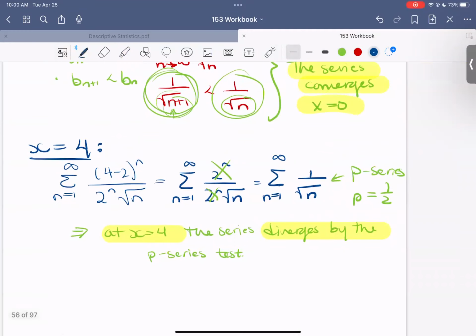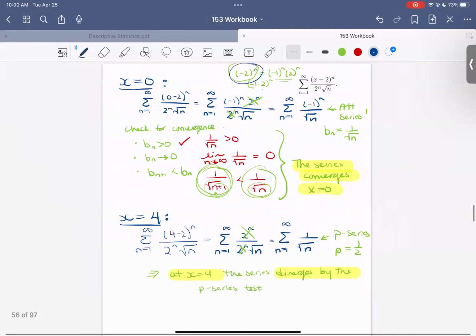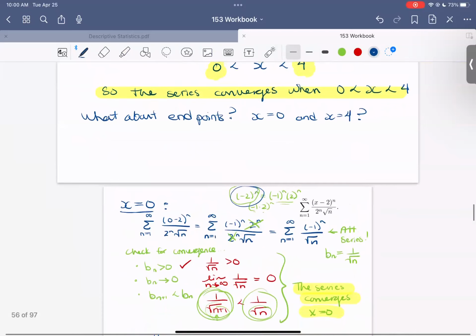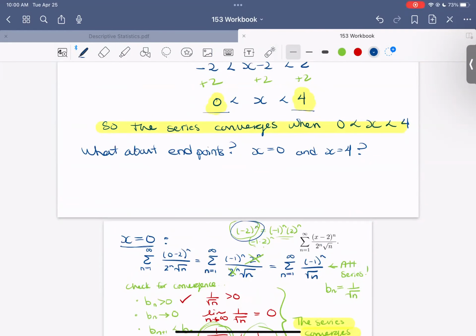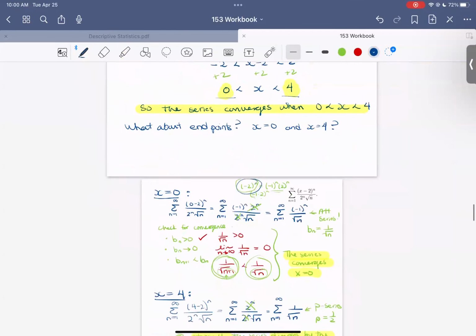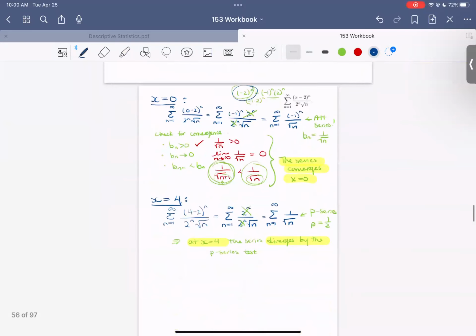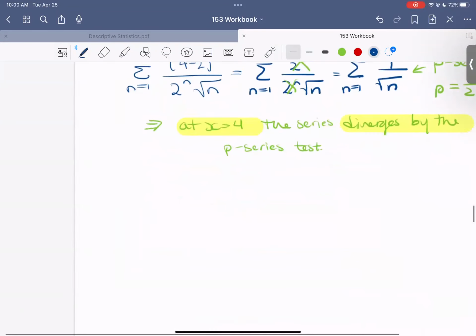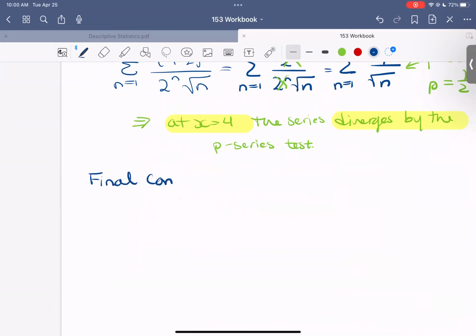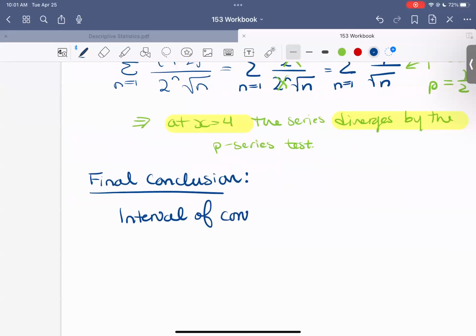All right, so now we have determined what happens on the endpoints of our interval. So at 0, we get convergence. At 4, we get divergence. So let's just go ahead and summarize that statement here. So final conclusion, we can say our interval of convergence for our series is the following.